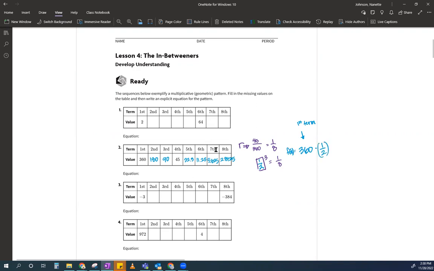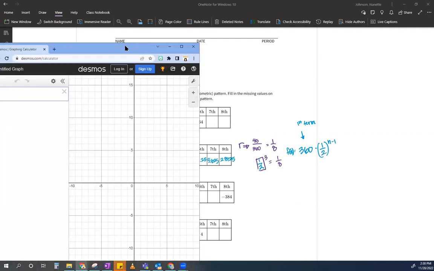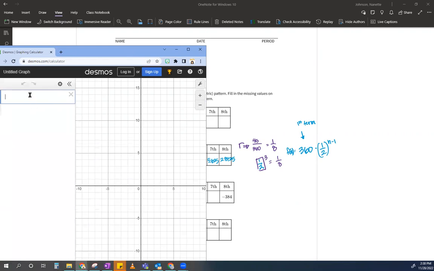And then I'm going to plug in some random point here to make sure that I actually found the correct answer. I'm going to plug it in using Desmos. So I'm going to go 360 times 1 divided by 2 to the, now I'm just going to use 8 because it's available to me right there.